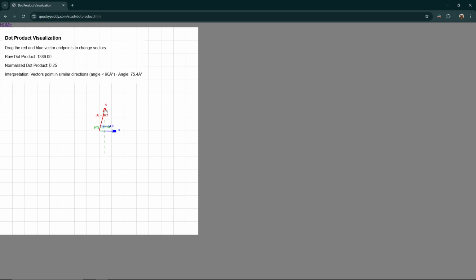So again, let's not think about the math behind it or really what it's doing. If we just rotate these, we can see how this normalized dot product is 1 when they're the same, -1 when they're opposite, 0 when they're perpendicular, and it just kind of goes between those values. So this is helping us see how much of a forward component is there for us. And that is the way we are going to be using it.